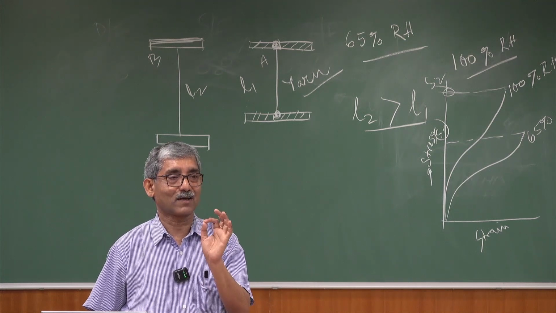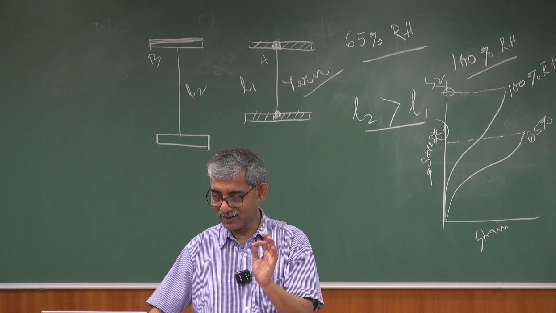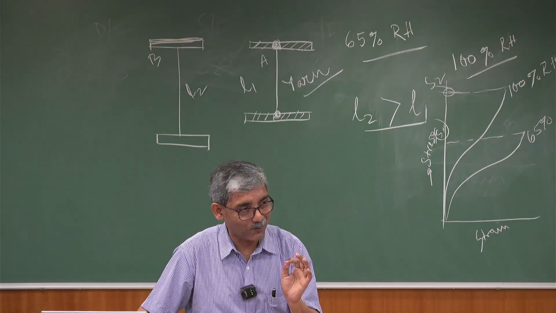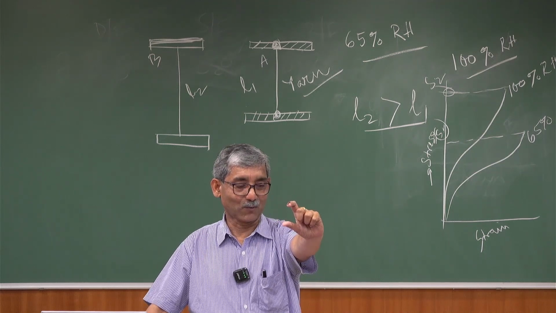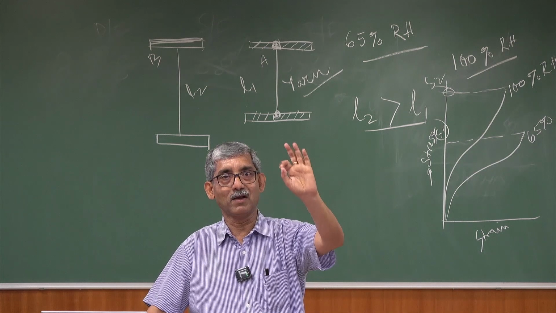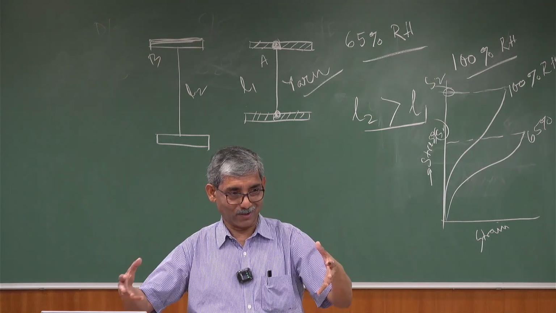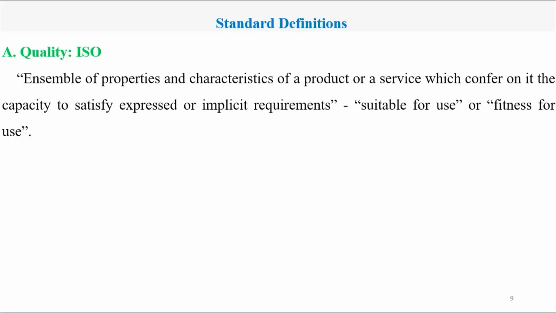So first is the quality definition, which as per the ISO is that quality is an ensemble of properties. So different properties are there. For yarn, it's strength, evenness, everything.